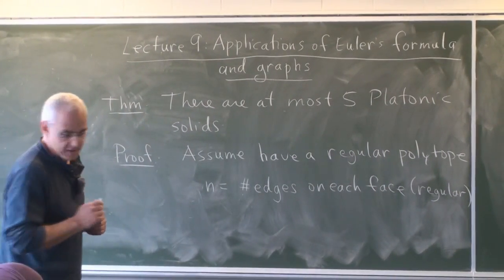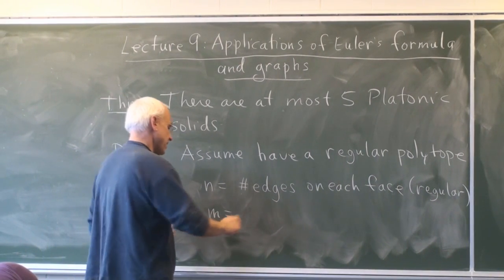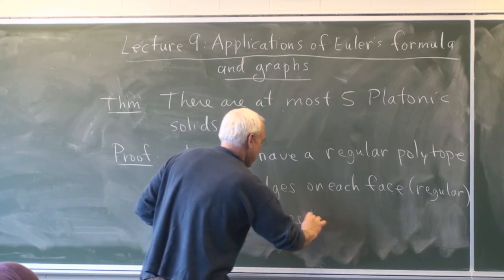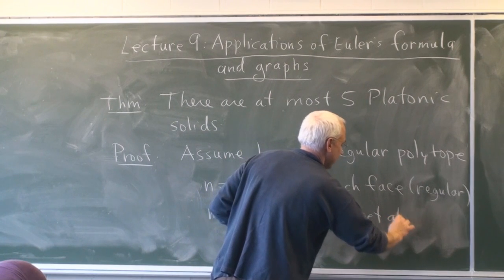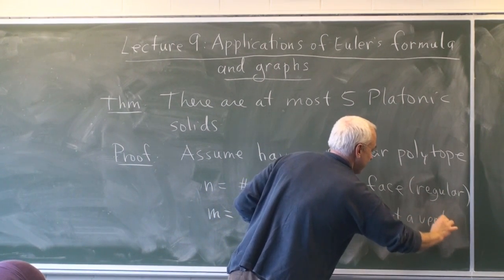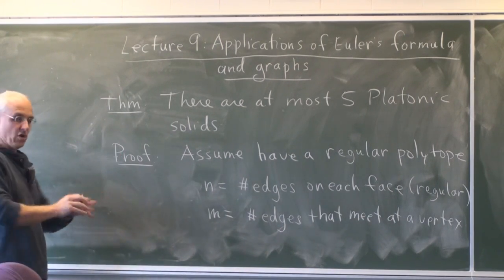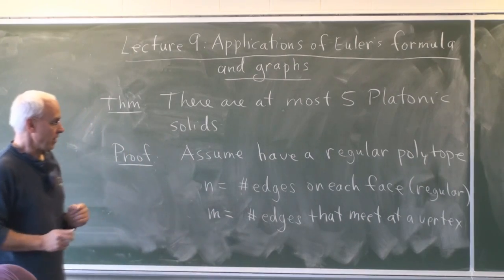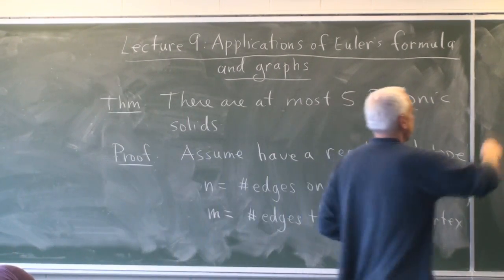And we'll assume that the number of edges that meet at a vertex is m. So m is the number of edges that meet at a vertex. And otherwise, we just have some polytope, which is the general shape of a sphere, so that we know that Euler's formula applies. Okay, we're going to do some counting now. We're going to count edges.